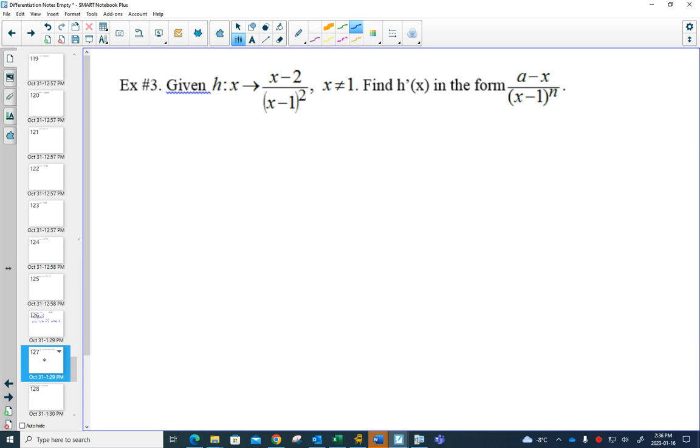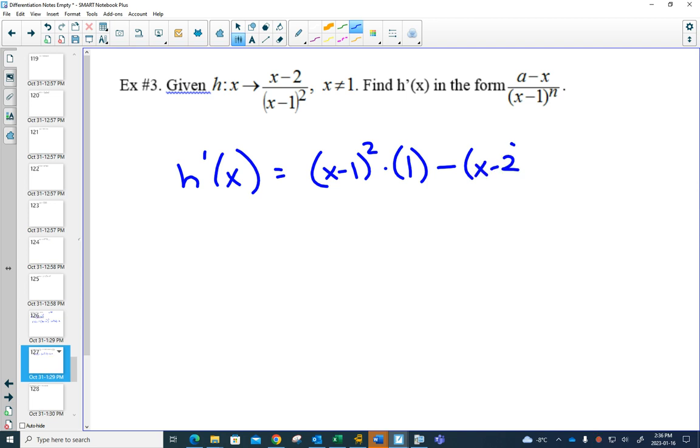So if I would do the derivative of h, normally I would say, oh, probably we use my quotient rule: keep the bottom the same, multiply by the derivative of the top, subtract, keep the top the same, multiply by the derivative of the bottom. Now, I wouldn't have to do this, but you see that it's a chain rule where the x minus 1 is inside the function.